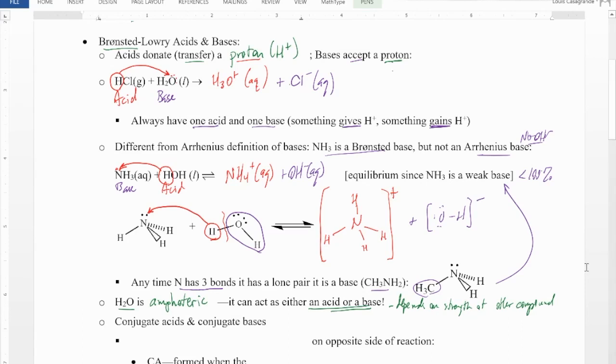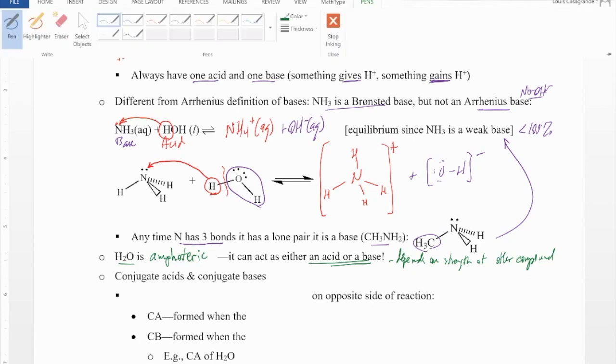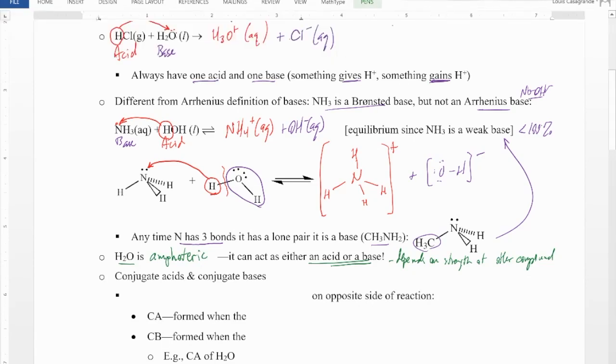Now, in this model, we do have names for the products as well. So up above, you notice I drew the products in a certain color, depending on what kind of compound they actually are. In this model, the products are called conjugates.